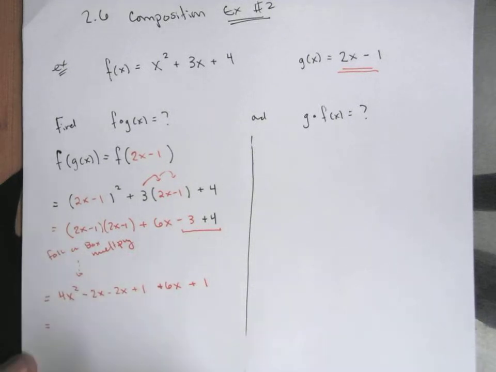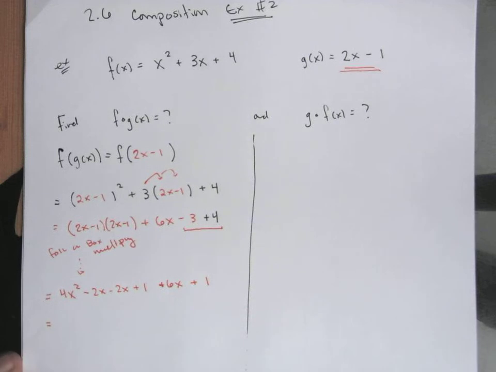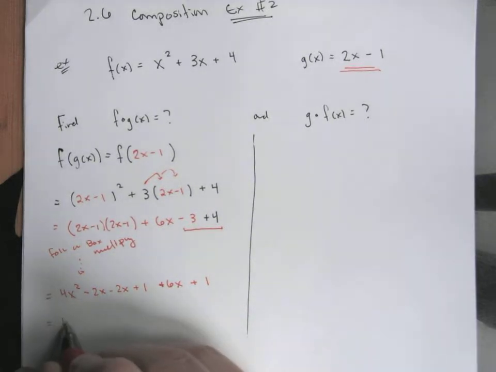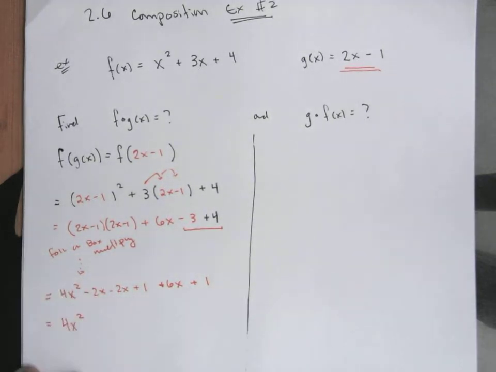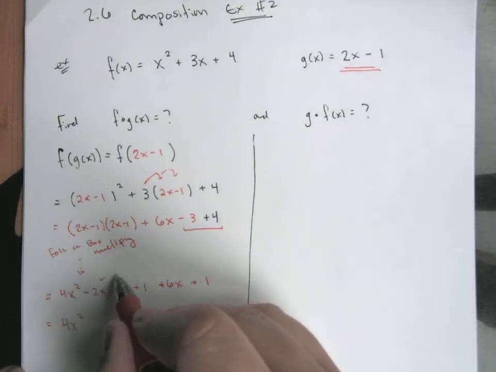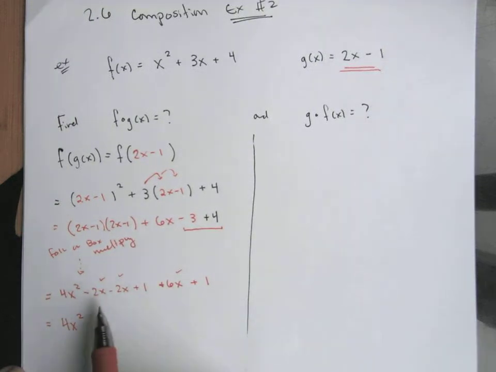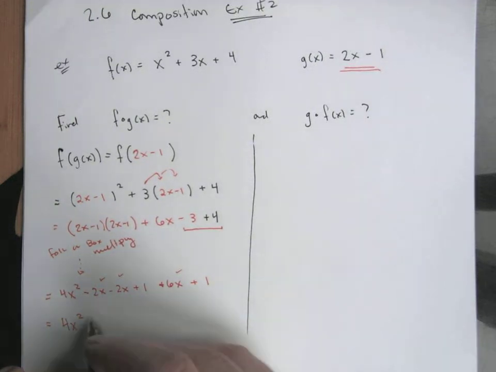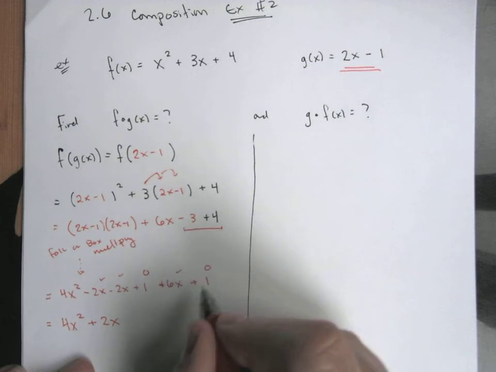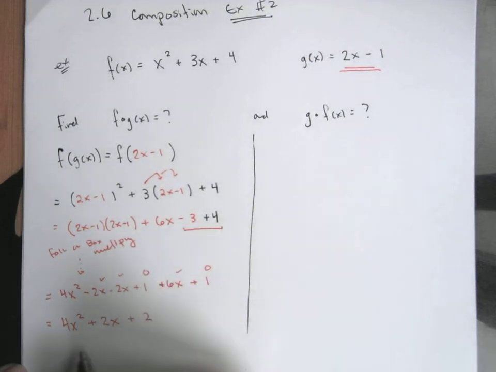I'm leaving that FOIL out for you guys as an exercise, but that's where we should end up. Last but not least, what do we finish with? Our final form here: 4x squared is 4x squared. Minus 2x plus 6x is going to get us positive 4x, when all is said and done. Plus 1 and plus 1 is going to be plus 2.